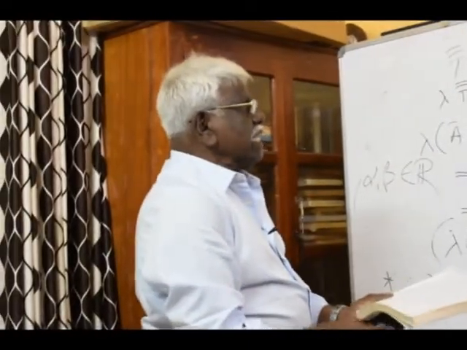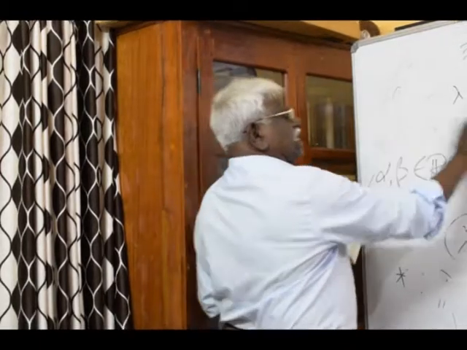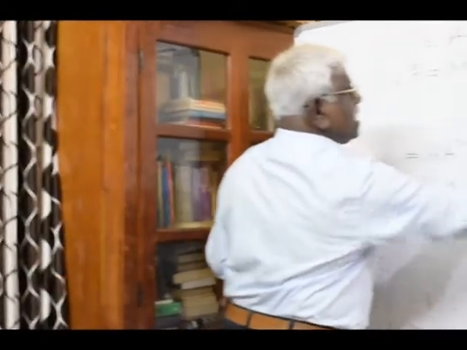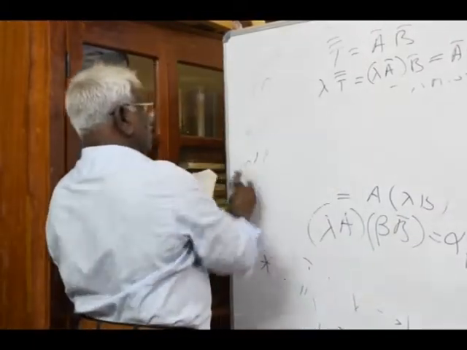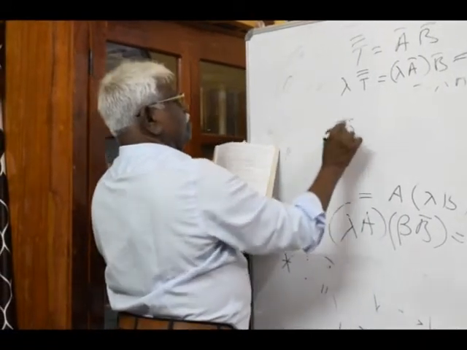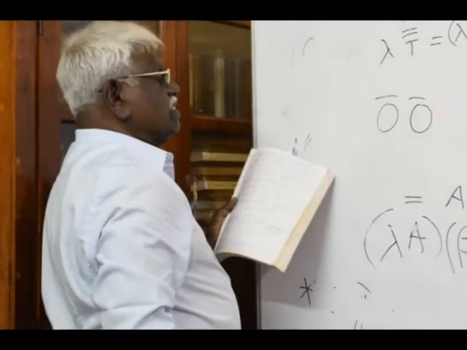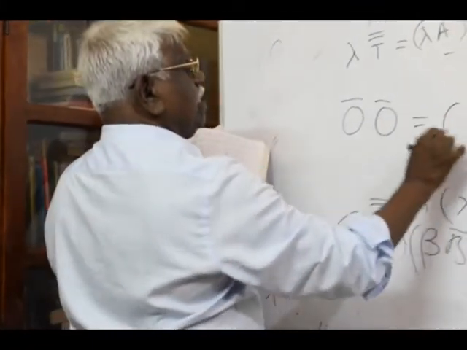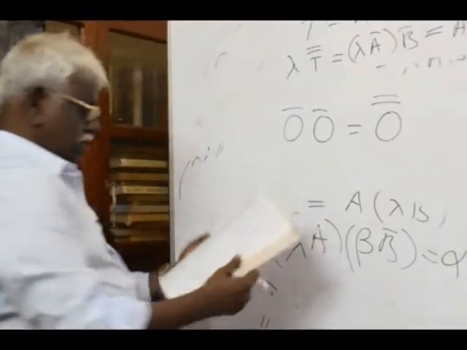Now the zero second rank tensor, I put it like this: vector 0, vector 0, the zero vector times the zero vector, a second rank tensor.